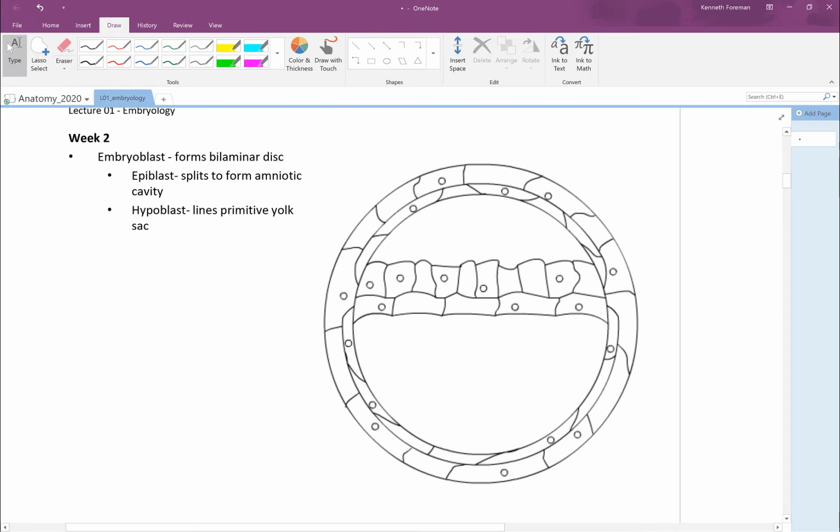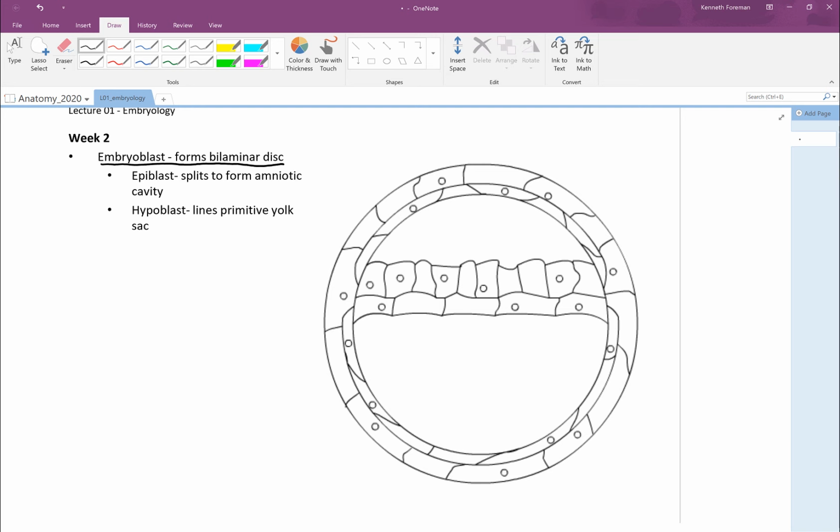As we continue on in the timeline, we're at week 2 now, and the embryoblast is going to form a bilaminar disc. Right here, the embryoblast, which was that blue layer, is going to form a bilaminar disc.